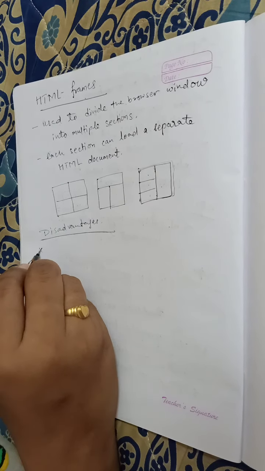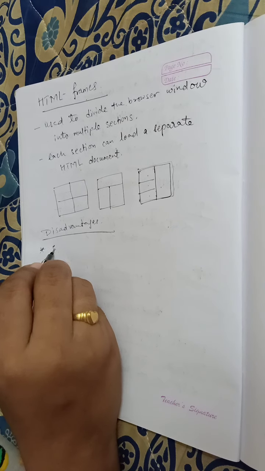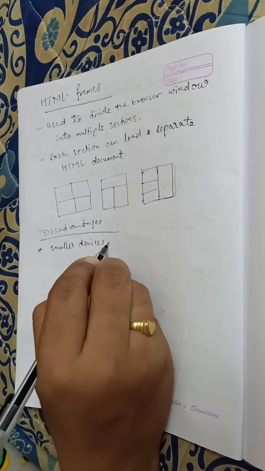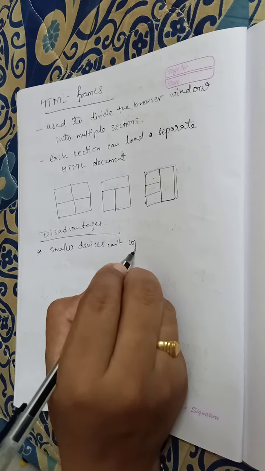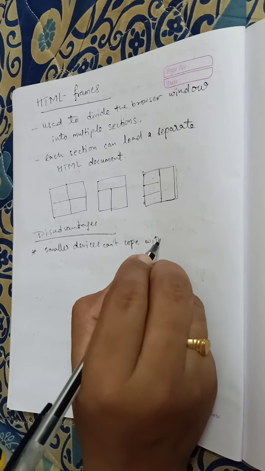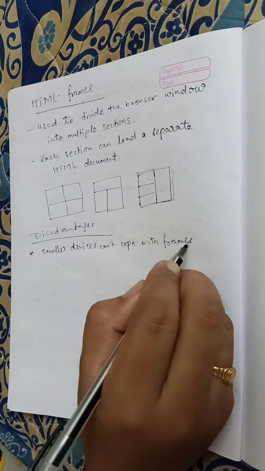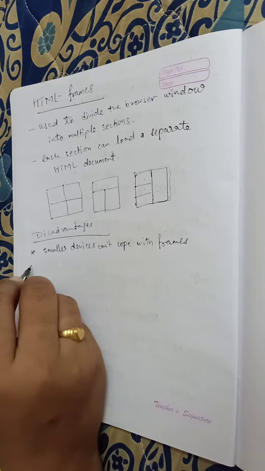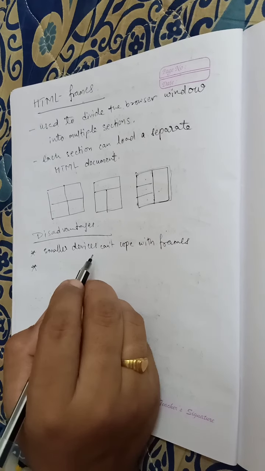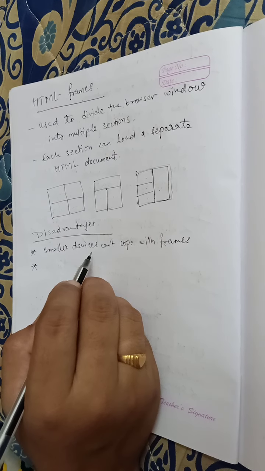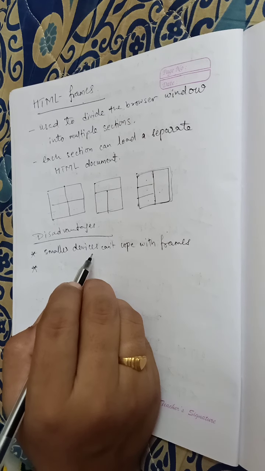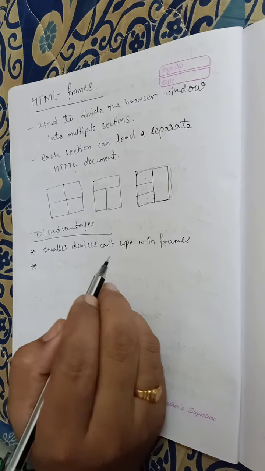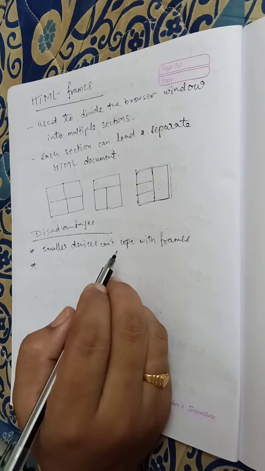First, some of the smaller devices cannot cope with frames, because their screen is not big enough to be divided up. If you have used frames and you open that website on a smaller device where the screen is not big enough to form that many frames, then the display of your web page will not be correct.